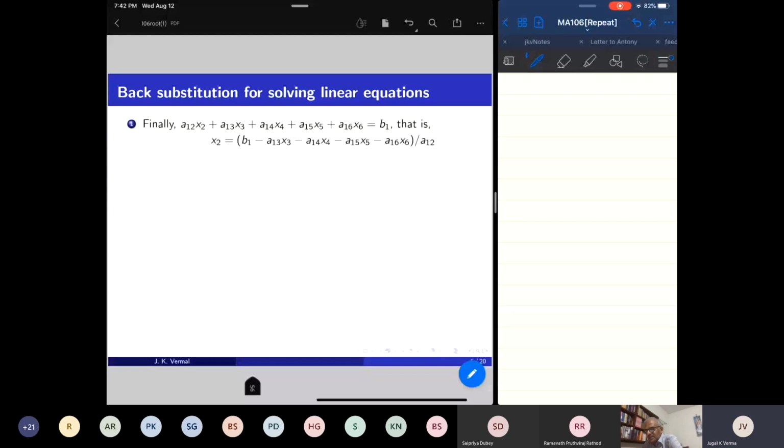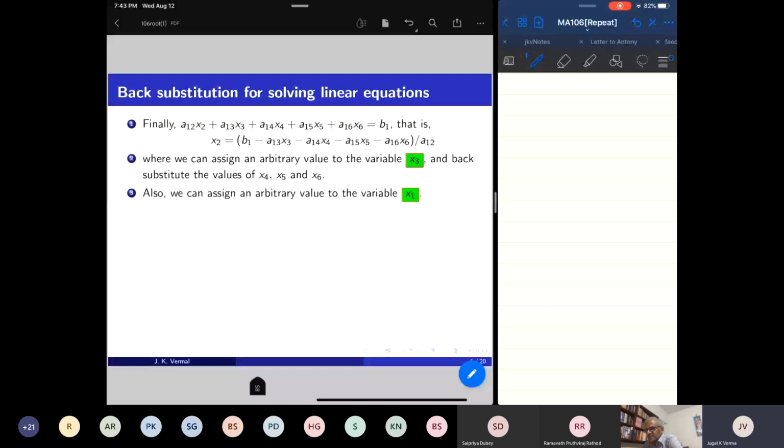So x3 can be given any value we want, but x2 was corresponding to a pivotal column because a12 is non-zero, and that is the first non-zero entry in the second row. So I can solve for x2, and this is what I said. We can assign arbitrary value to the variable x3 because it is corresponding to a non-pivotal column, and back substitute to get values of x4, x5, x6.